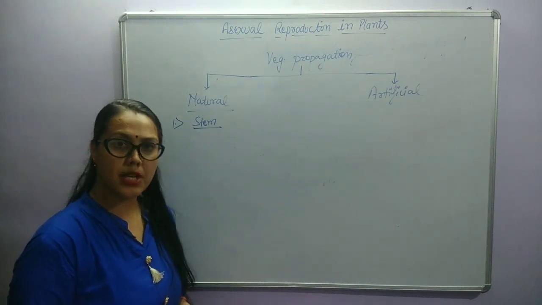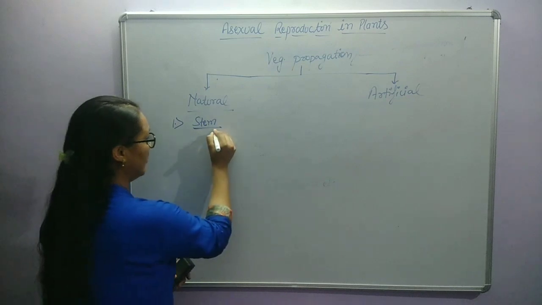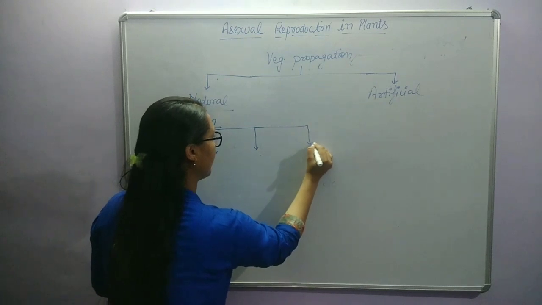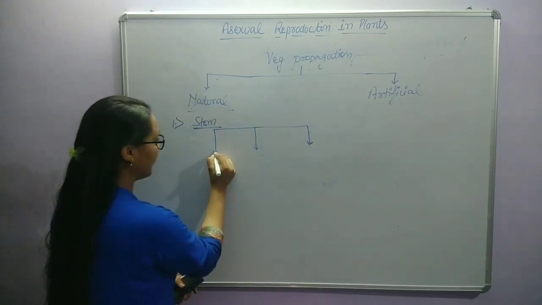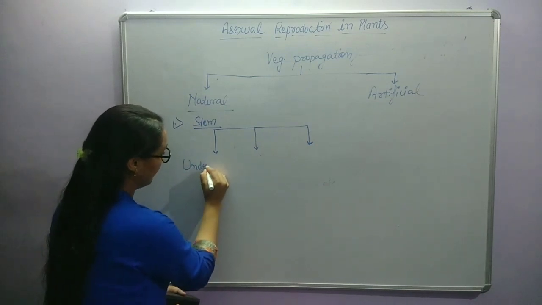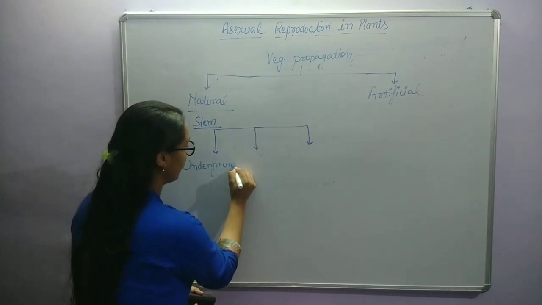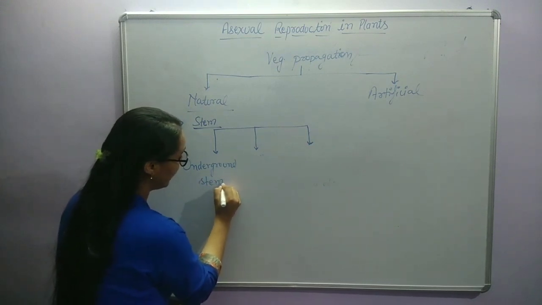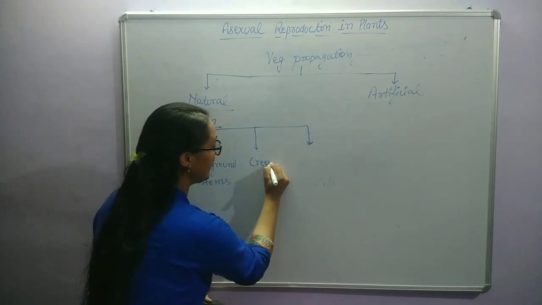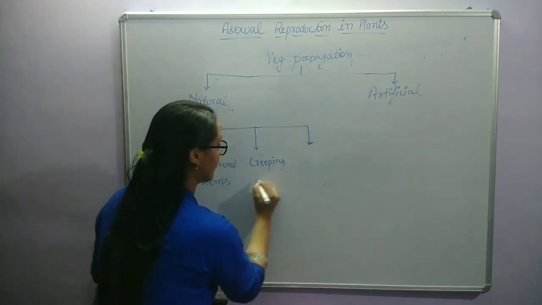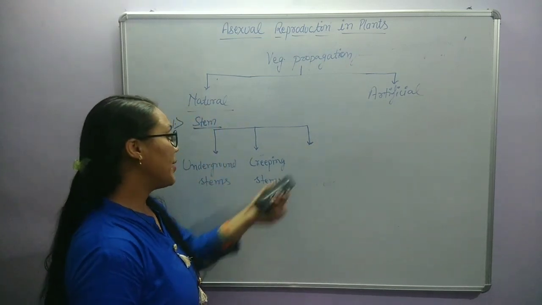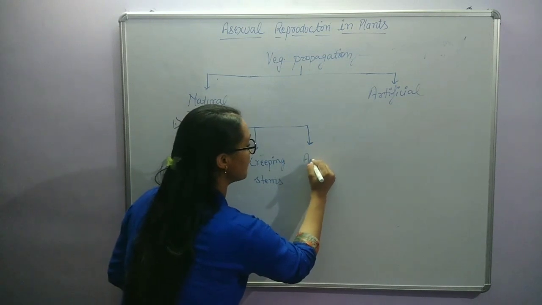We will divide the stems into three categories. First category, we will study about underground stems, how they help in vegetative propagation. Next category will be creeping stems, and our third category would be aerial stems.